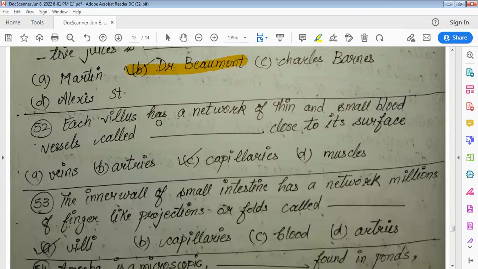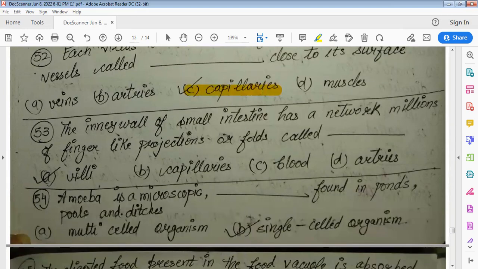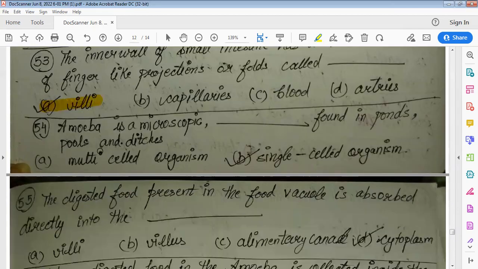Each villus has a network of thin and small blood vessels called capillaries close to its surface. The inner wall of the small intestine has a network of millions of finger-like projections or folds called villi.